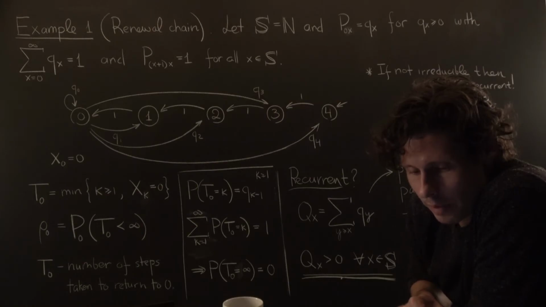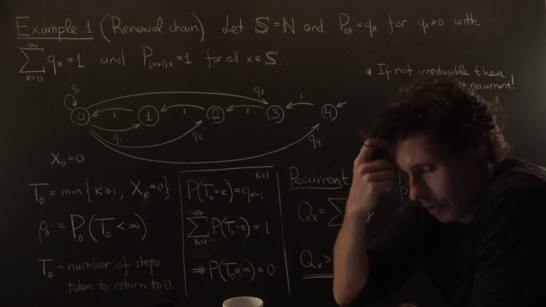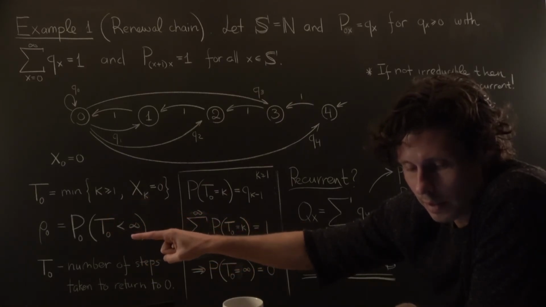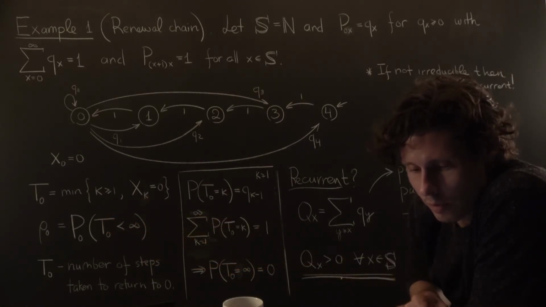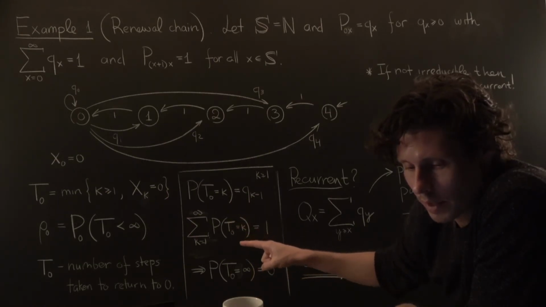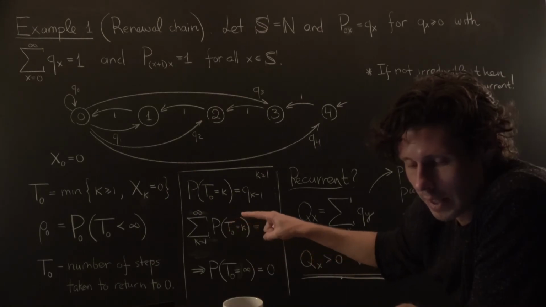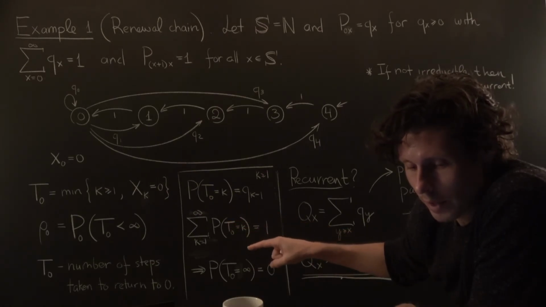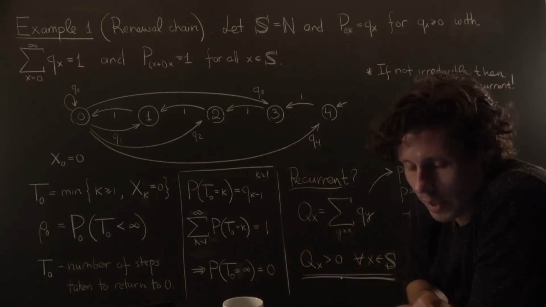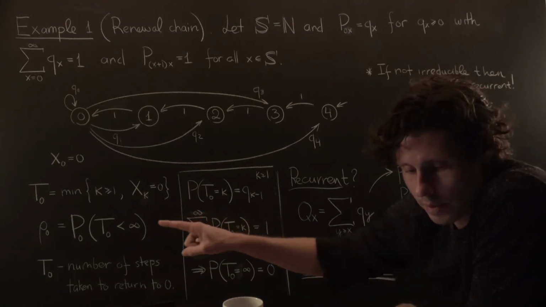Maybe I can mention one more quick thing. What is this set actually equal to? So this event, T naught less than infinity, how could you write it in terms of these events? Well, it's the union of these. These are disjoint sets, and if I take the union over all possible k in the natural numbers with k greater than or equal to 1, that's what this event is.